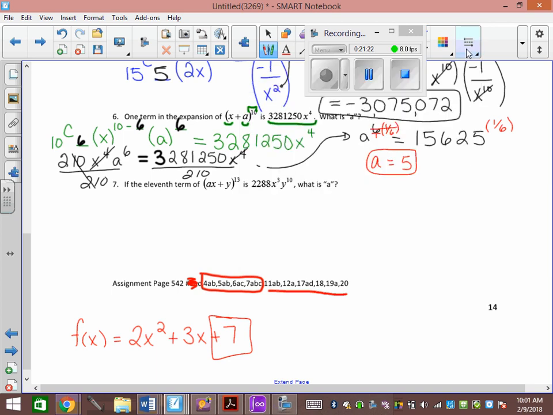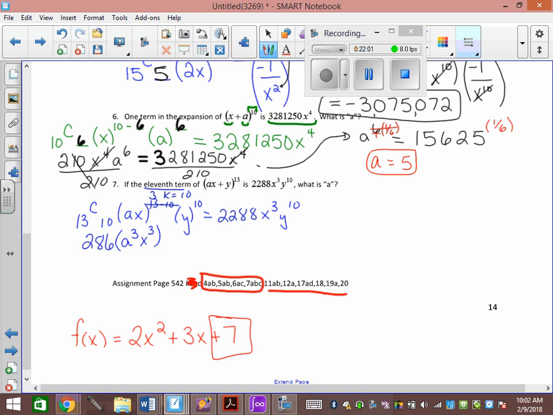Okay, so we're going to get k equals 10. 13C10 a x to the 13 minus 10 y to the 10 equals 2,288 x cubed y to the 10. 13C10 is what? Now let's see if you fell to the common error on this question. 13 minus 10 is 3, right? The 3 has to go to the a and the x, so you're going to get a cubed x cubed.